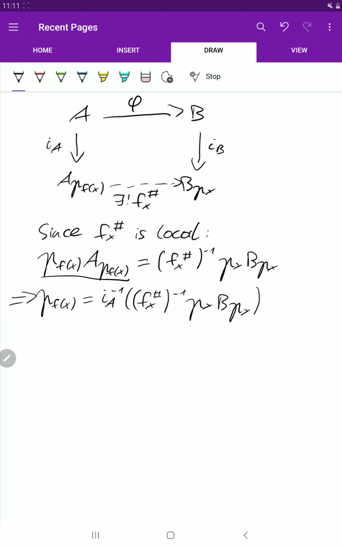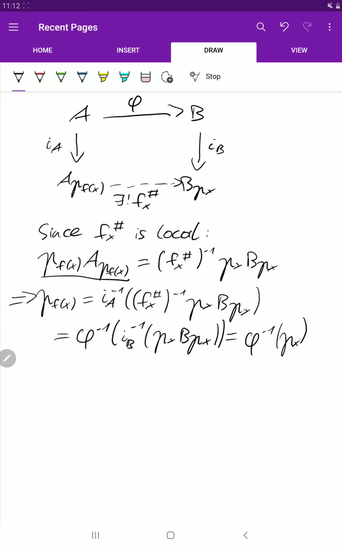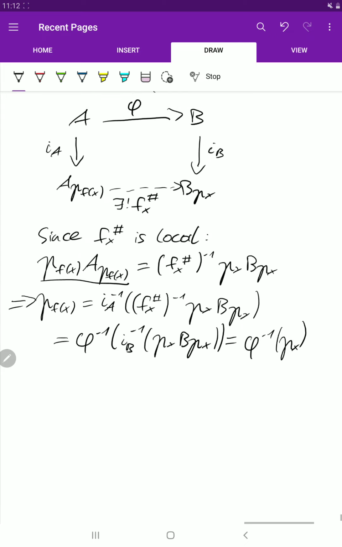And now we use the commutative diagram, which tells us that it's the same as phi inverse of i_B inverse of the prime ideal of x, and that's just phi inverse of the prime ideal of x.